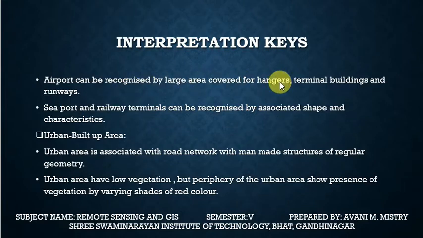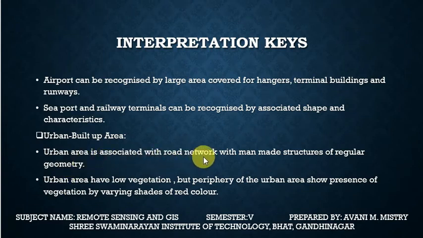An airport can be recognized by the large area covered by hangars, terminal buildings and runways. Seaports and railway terminals can be recognized by associated shape and characteristics. The next one is urban built-up area.